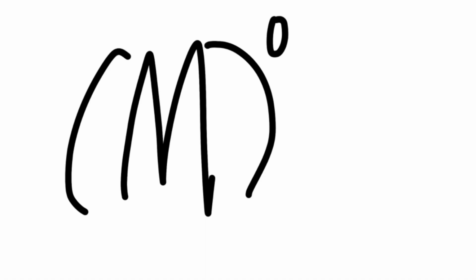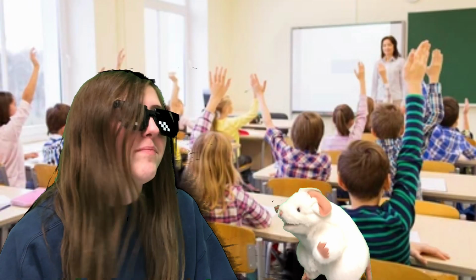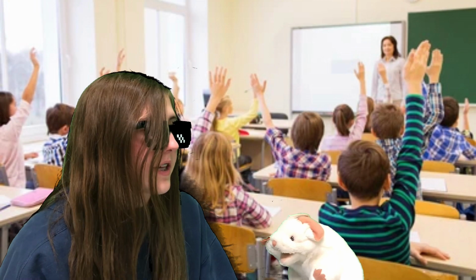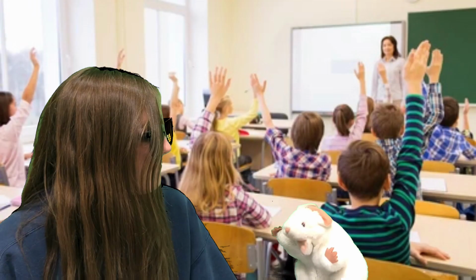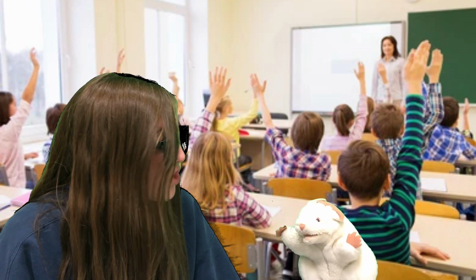Not this problem. M to the power of 0. Well, that's literally the same exact thing. It's literally just 1. Now what's Z to the 0th power? 0? No. Literally, nothing changed. It's just 1.